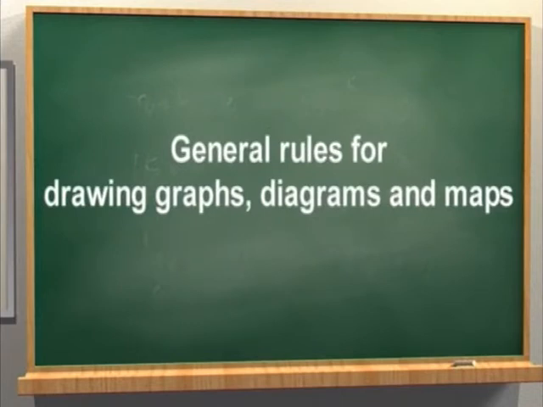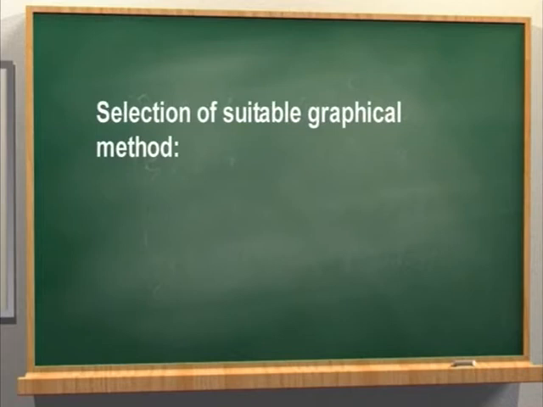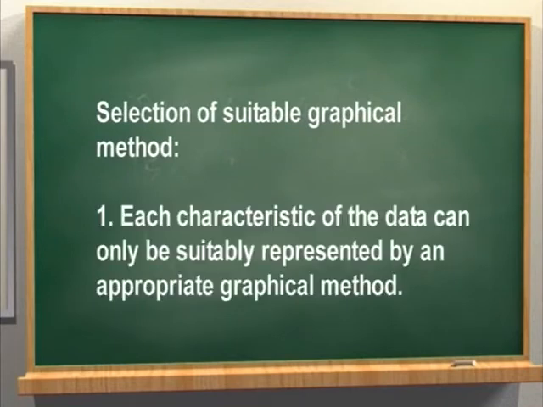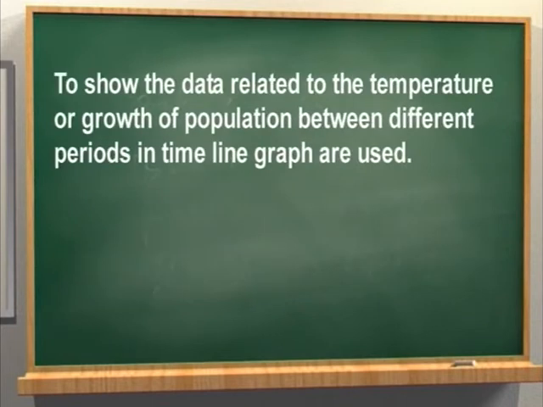General rules for drawing graphs, diagrams and maps. Selection of a suitable graphical method. First, each characteristic of the data can only be suitably represented by an appropriate graphical method. For example, to show the data related to the temperature or growth of population between different periods in time, line graphs are used.